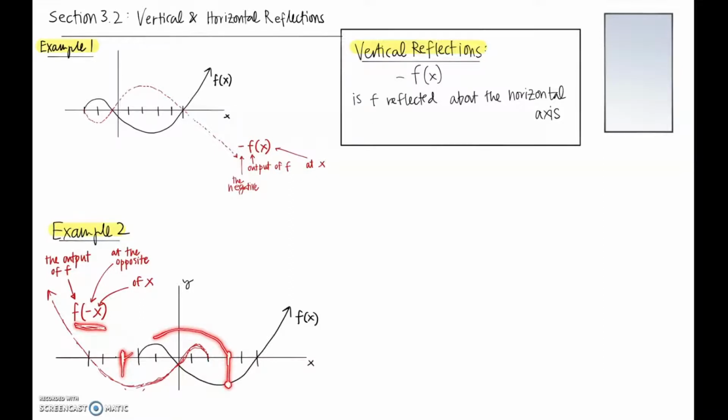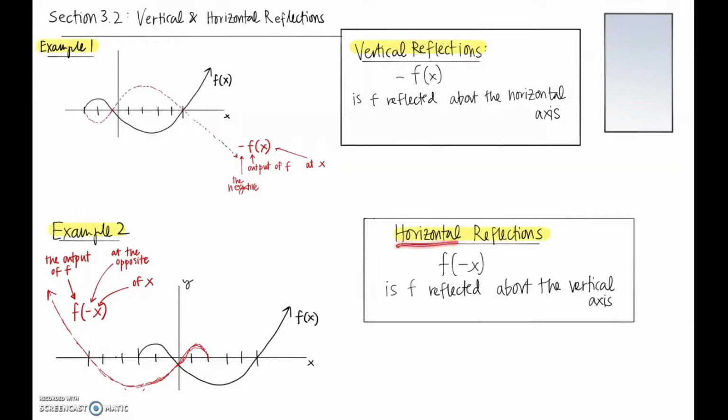And okay, it's down here. Well, that's what I'm going to be right here then. Right here for -4, I'm actually going to hop over to the opposite of -4, which is 4. See what f is doing at that point. Oh, it's down here. Okay, that's what I want my value to be right here. So this new function looks at the opposite x value and finds out what f is doing there.